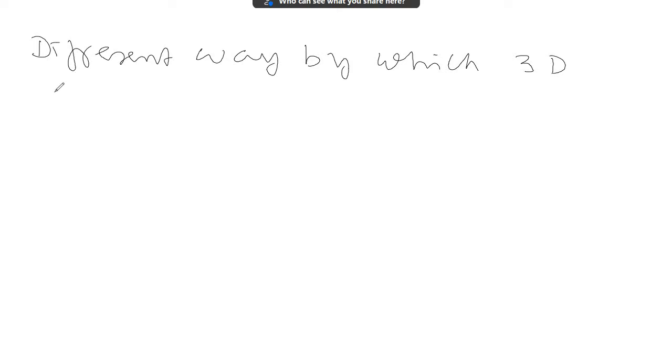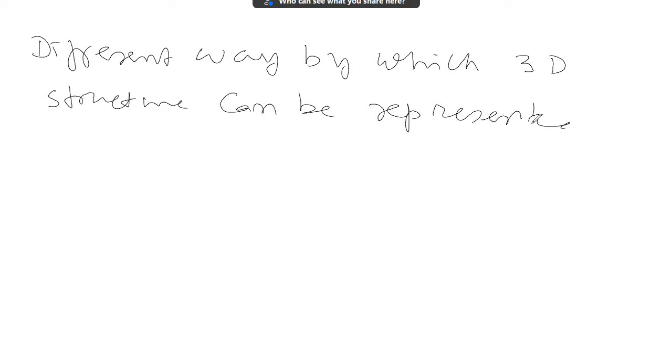There are different ways by which a 3-dimensional structure can be represented two-dimensionally, as follows.